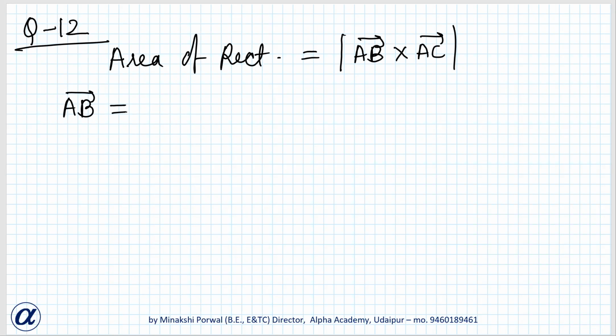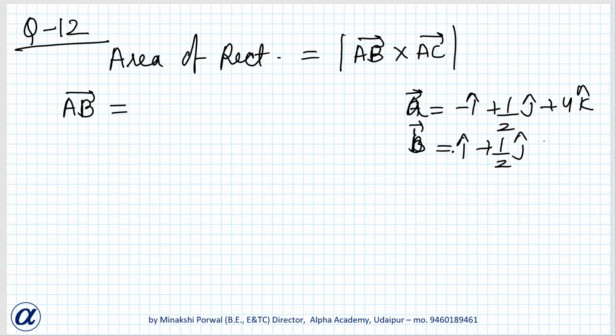So A is minus i plus 1 by 2 j plus 4k, and B is i plus 1 by 2 j plus 4k. So B minus A will be 1 minus of minus 1, that is equal to 2i, and the rest both are the same, so it will be 0.